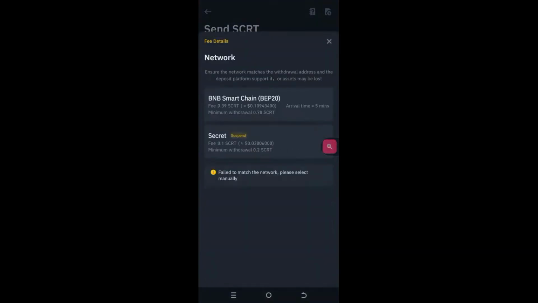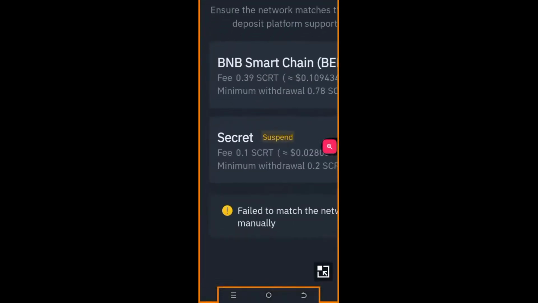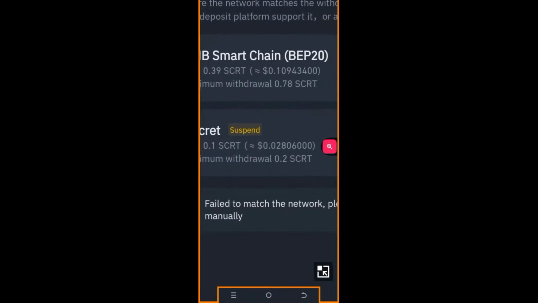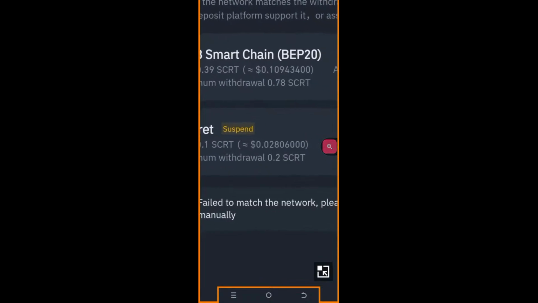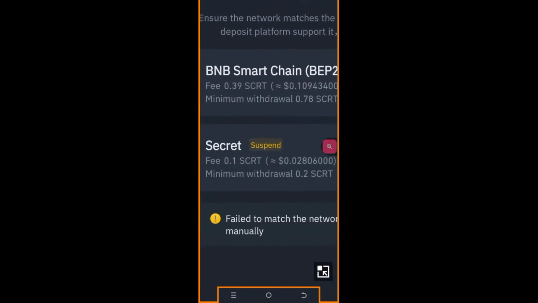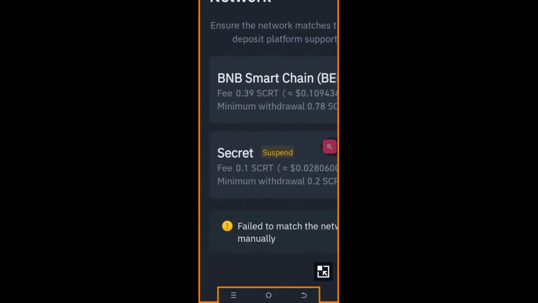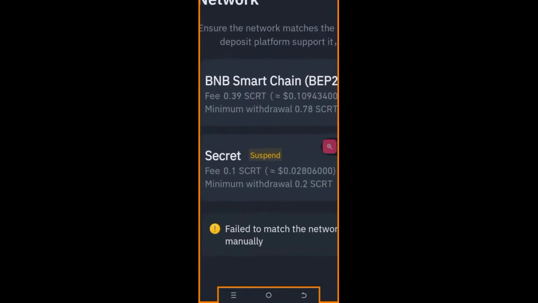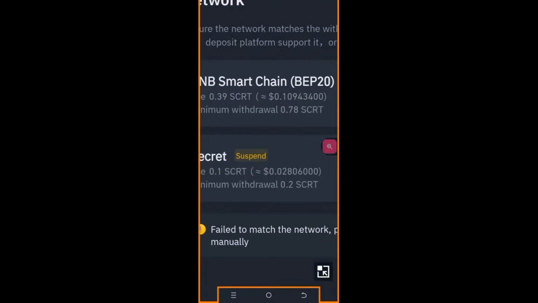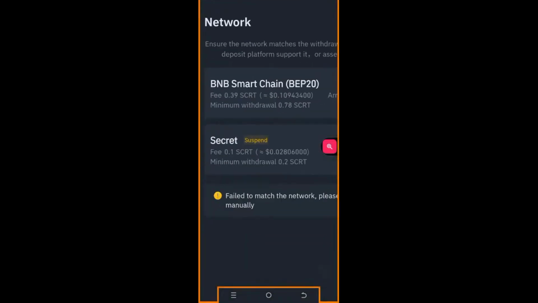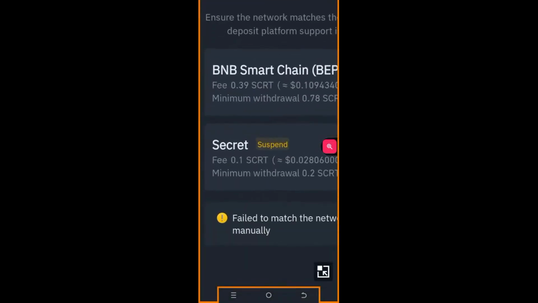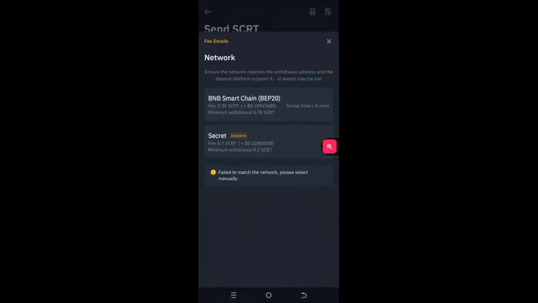So we have two networks here. We have, see, it has secret network, which is a very small amount to send. And there's BEP20 network. Interesting. So the BEP20 network is just about 10 cents to send, right? But meanwhile, the secret network is suspended. Okay, let's go and check. Let's see whether we can send this over to KuCoin.